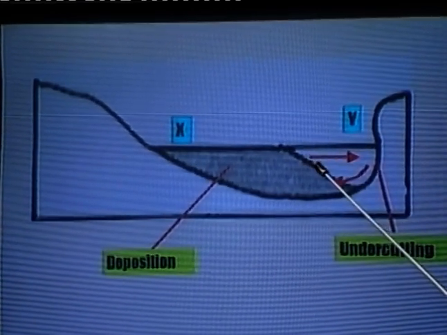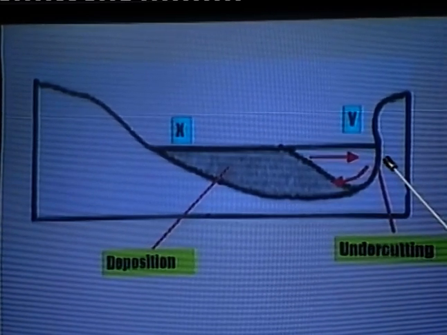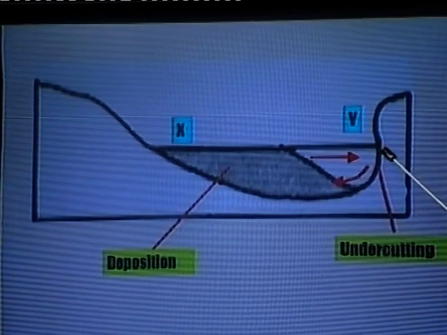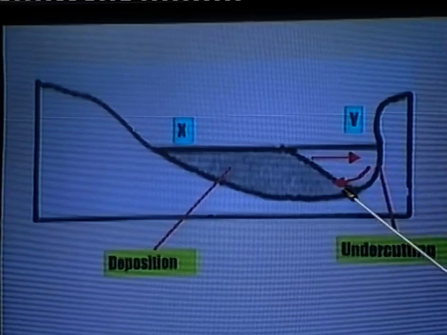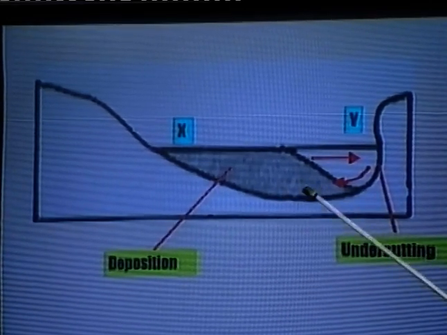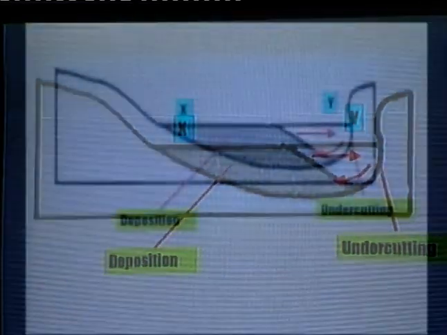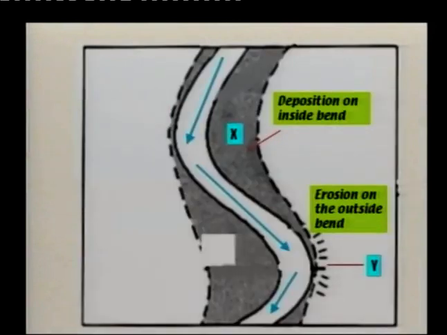Note the arrow. The arrow here shows the flow of the water is actually undercutting here, resulting in erosion. Meanwhile, this red arrow here shows whatever material that is actually being eroded gets to be carried and deposited on the opposite side or the convex bank. So this is a cross-sectional view showing us the same information as that.